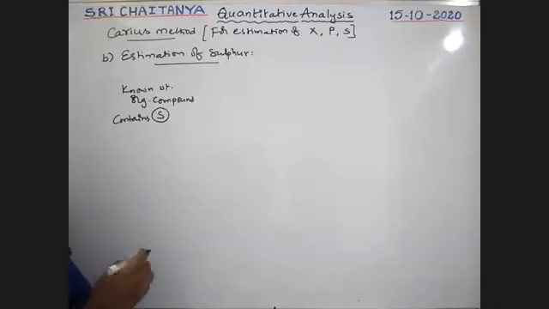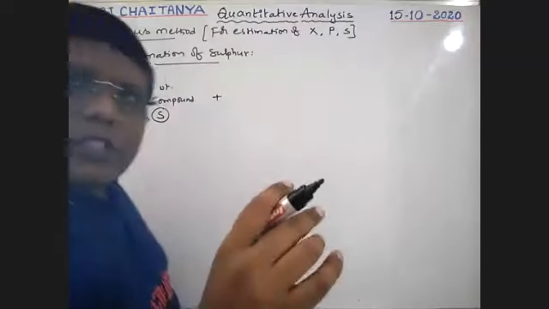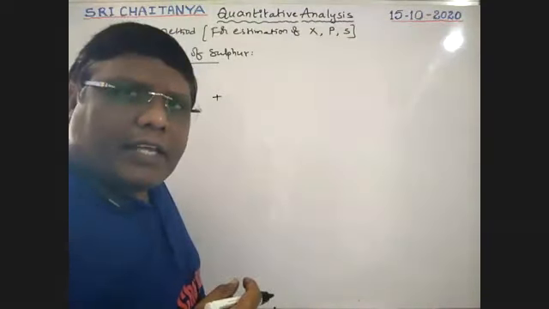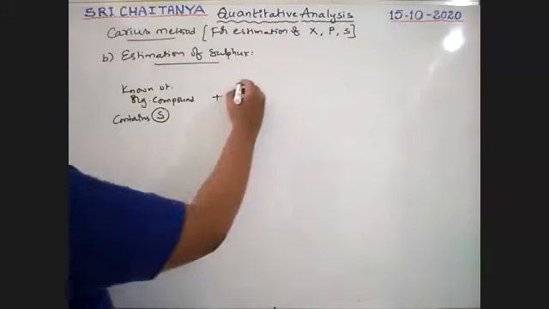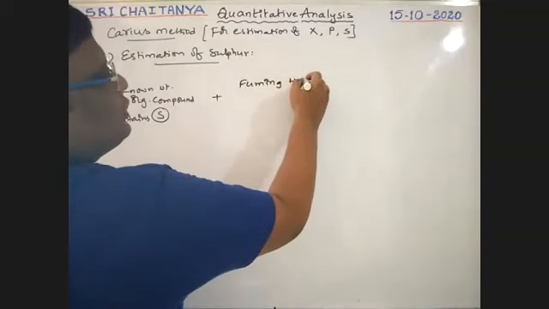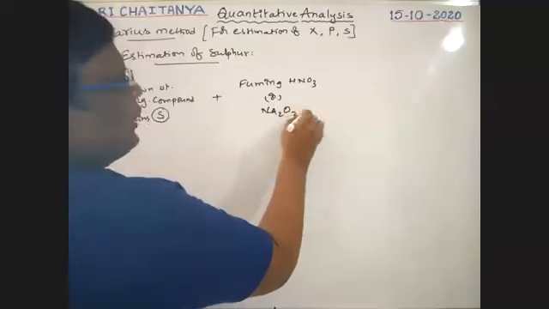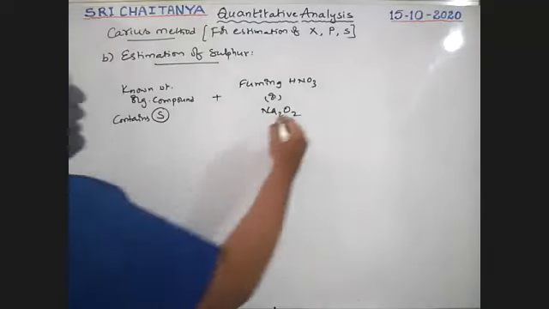This organic compound is treated with oxidizing agents, either fuming nitric acid, HNO3, or Na2O2, sodium peroxide. Either of these two is used, and it is heated.